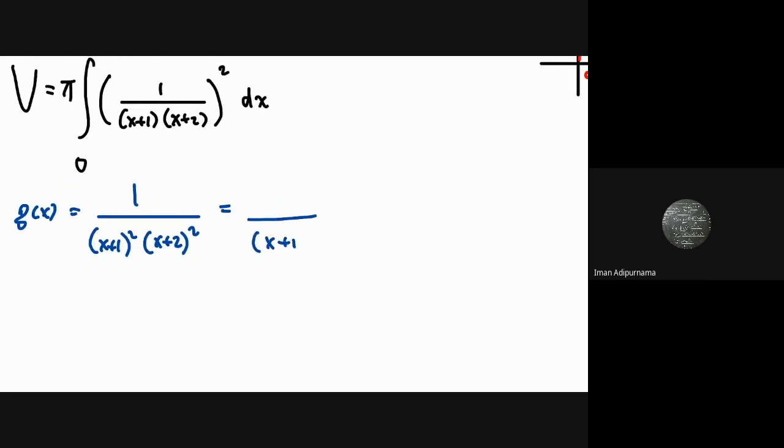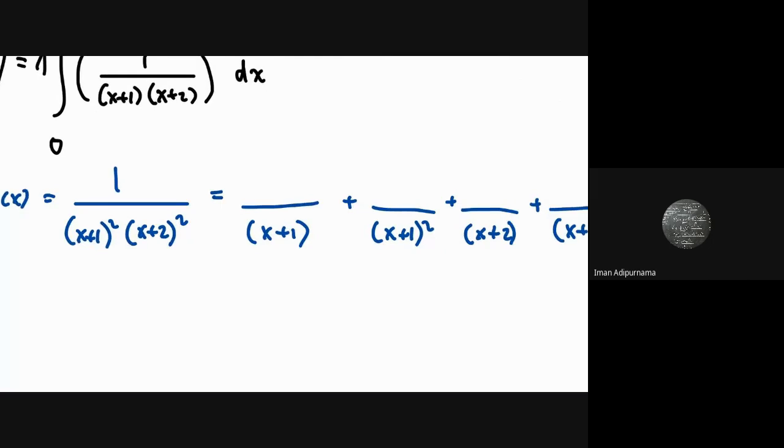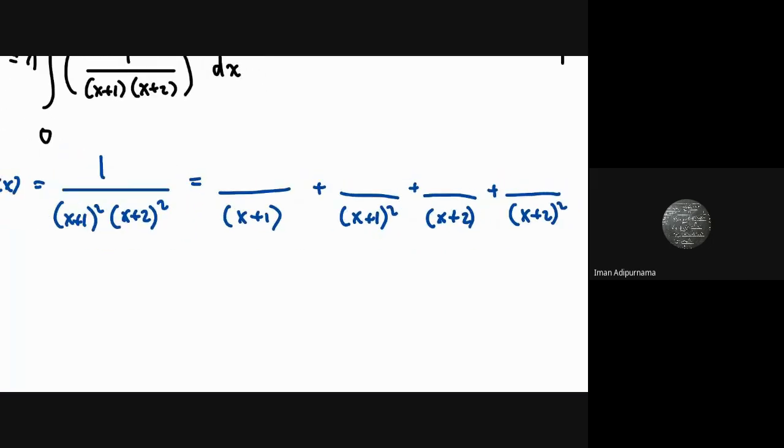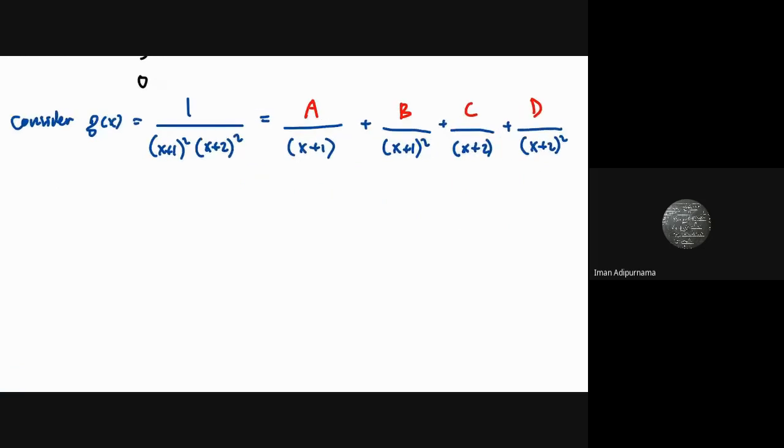This is x plus 1, this is x plus 1 squared. So we'll have 4 components, and we have a constant here, a constant there. As usual, we need to solve to find A, B, C, D first.